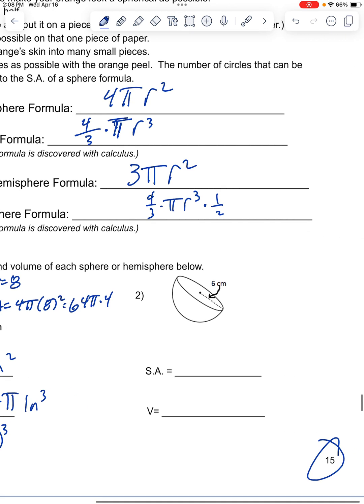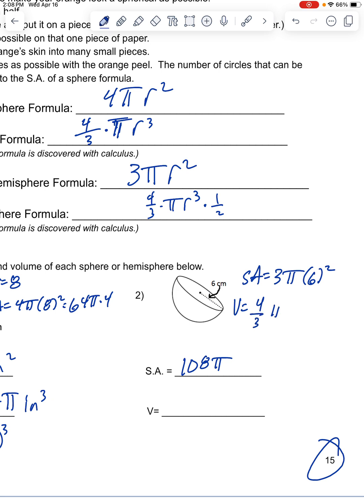To find the surface area here, it's SA equals 3 pi 6 squared. So it's 36 times 3, which gives me 108 pi. For the volume, I'm going to go 4/3 pi 6 cubed, and whatever I get, I'm going to divide by 2.